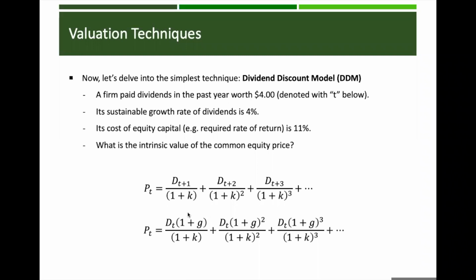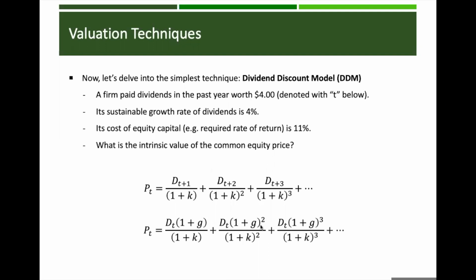If we're assuming that their dividends grow at a constant 4% per year, and their dividends in the past year were $4, it's a very simple exercise to essentially plug in that formula that we just derived. We have dividend from the past year times 1 plus the growth rate. That's the dividend that will be paid in 1 year's time.